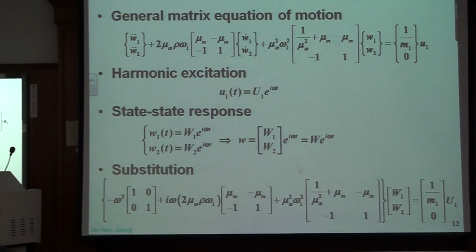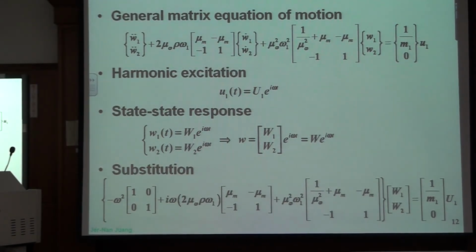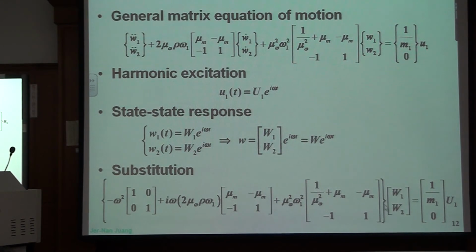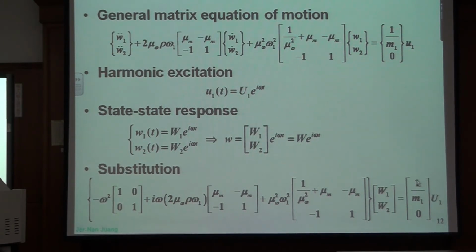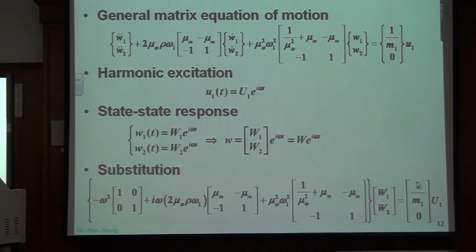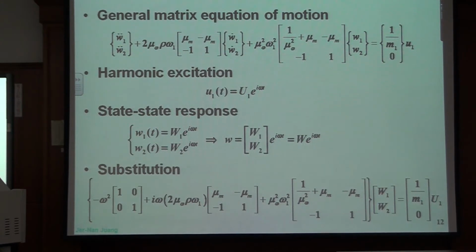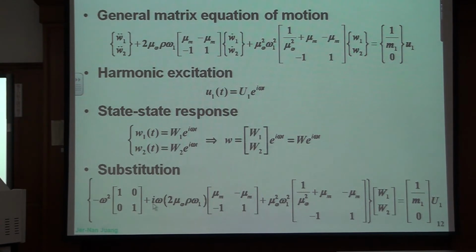If I substitute it in, I get this matrix because e^{iωt} on the left-hand side and right-hand side cancel. Think about it. If I use cosine ωt, can I write this kind of symbolic form? No. But I do have a penalty because I have the i here. Don't worry about it, because after you get solutions, you know the solution has to be real.